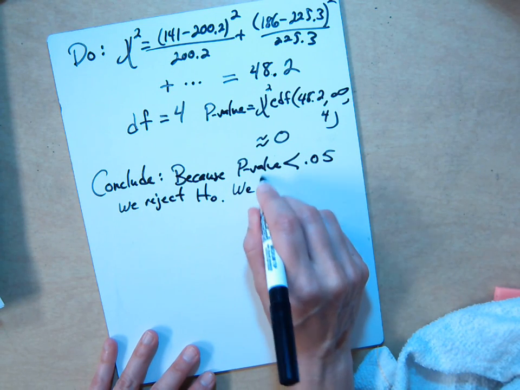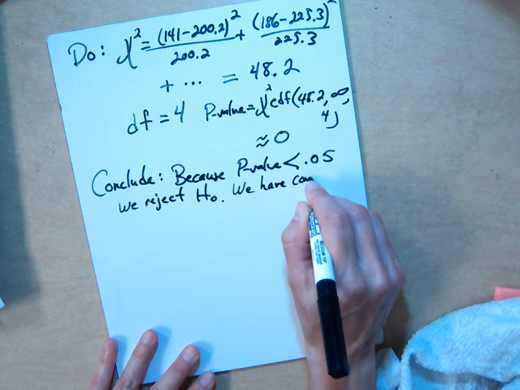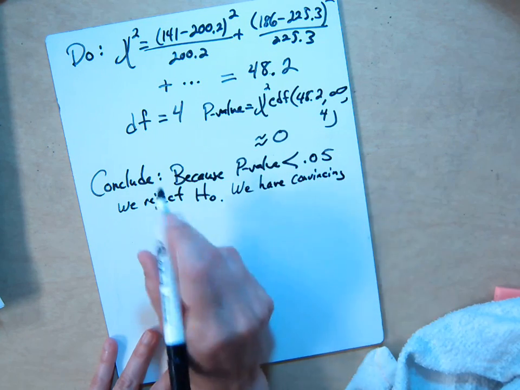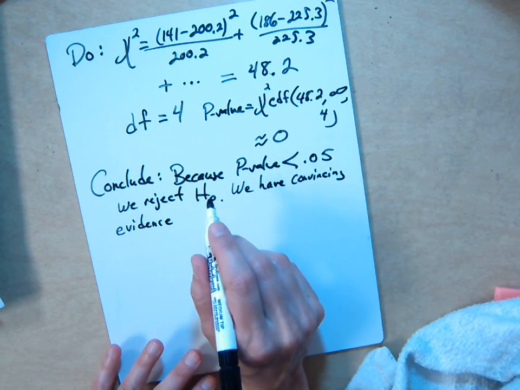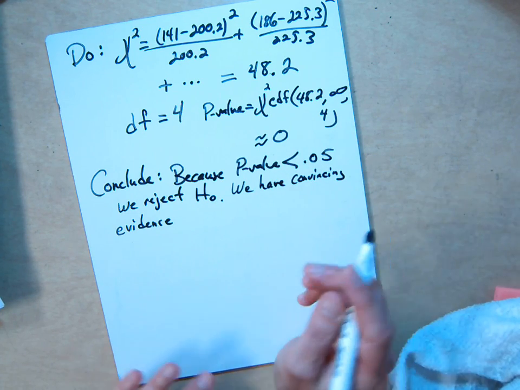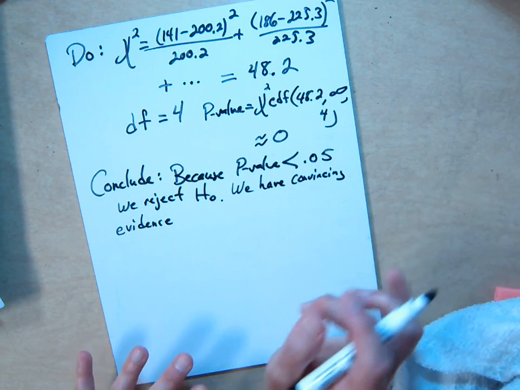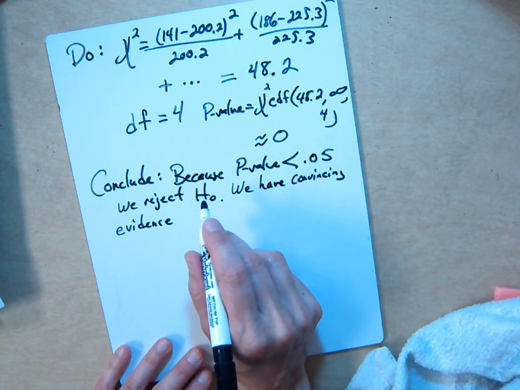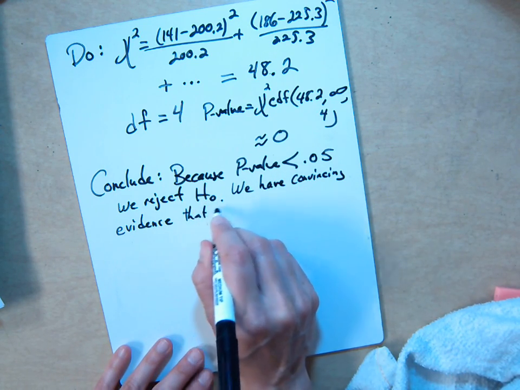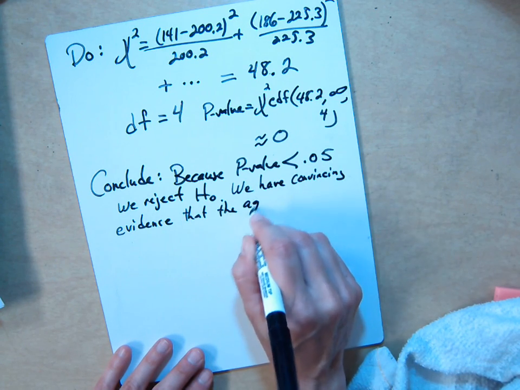So we do have convincing evidence that the age distribution of people who answer landline telephone surveys is not the same as the age distribution of all U.S. residents.